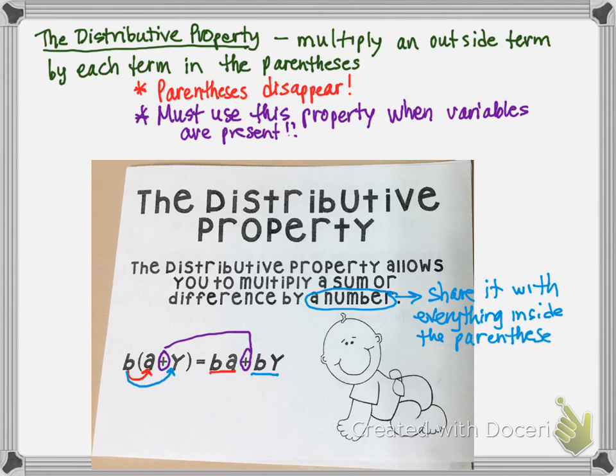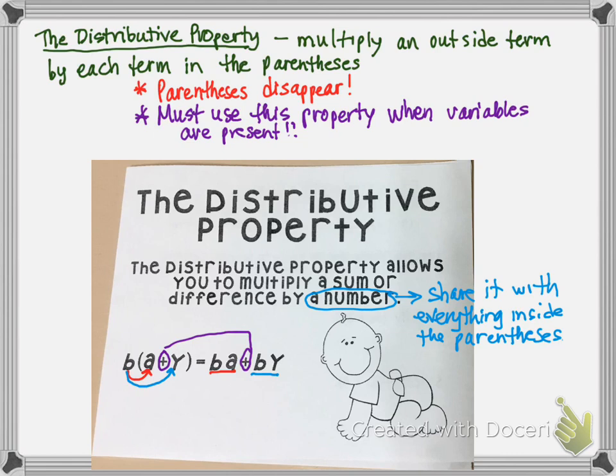So when you distribute, think about a distribution center. What they do is they have a main hub, and then trucks come in and they get the product, and then they take it out to all the stores. So they're distributing it to all the stores. Now, they want everybody to sell their products, so they're going to send the same amount to everybody, right? And this is how it works, okay?